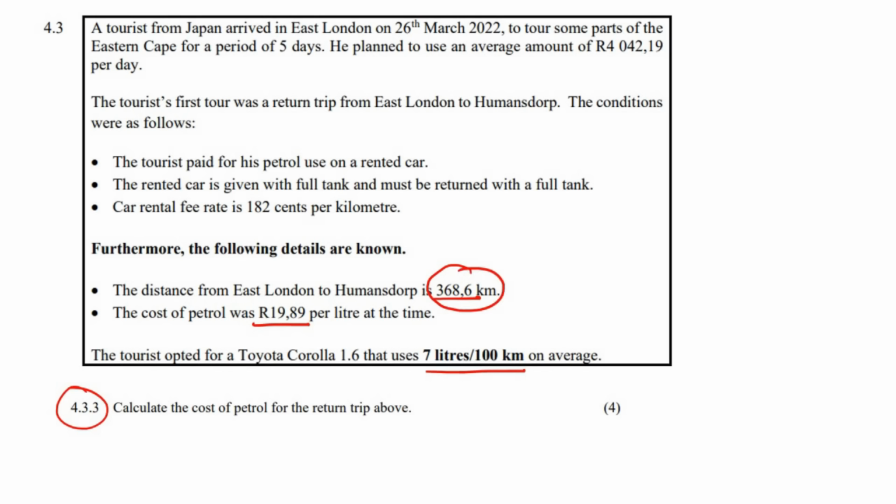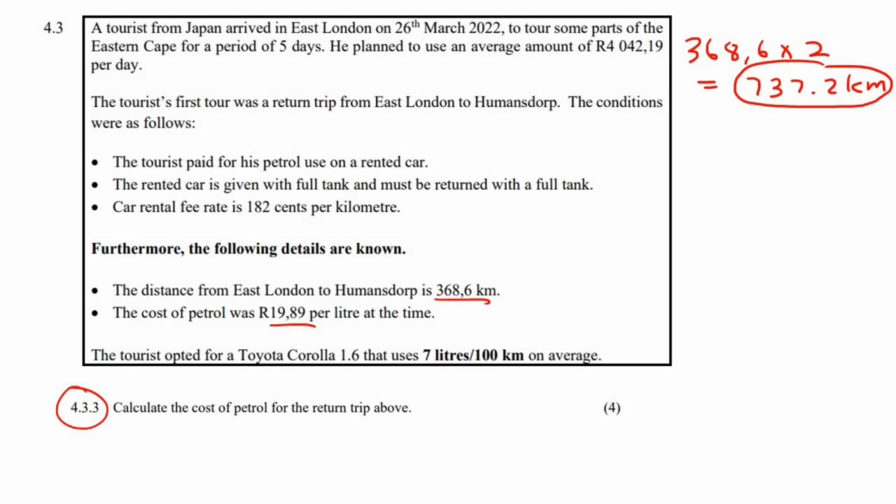Remember, we already calculated that by saying 368.6 multiplied by 2, and that was 737.2 kilometers. Now this particular car uses 7 liters for every 100 kilometers. So for every 100 kilometers, this car will use 7 liters of petrol.